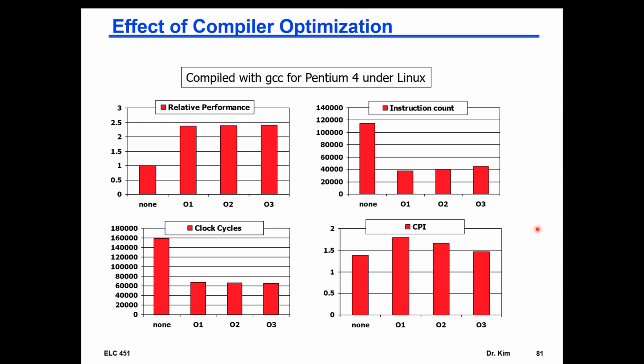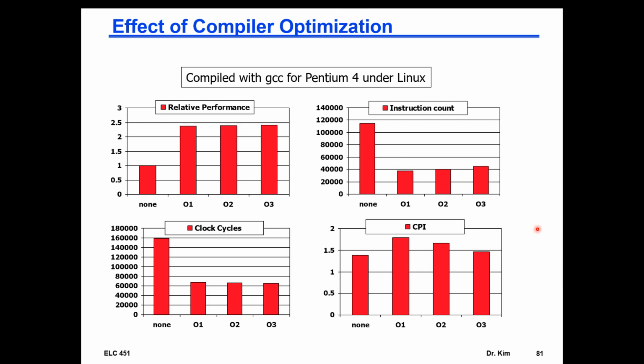And now that you also know about benchmarking and how to gather data on performance, these are some graphs which you could look at to compare different levels of optimization and their impact on compiled code and on code execution performance. So you could look at these types of graphs.